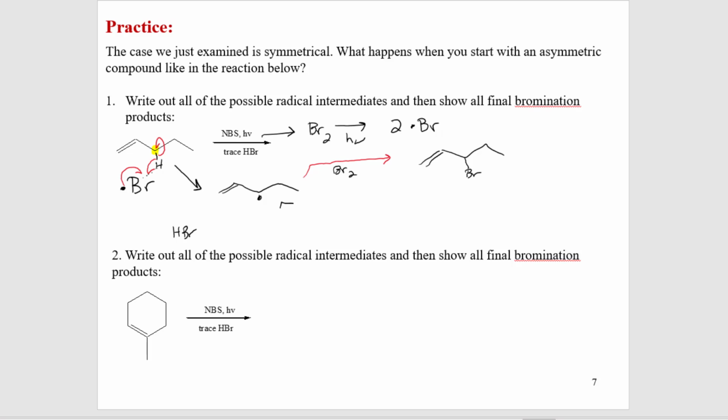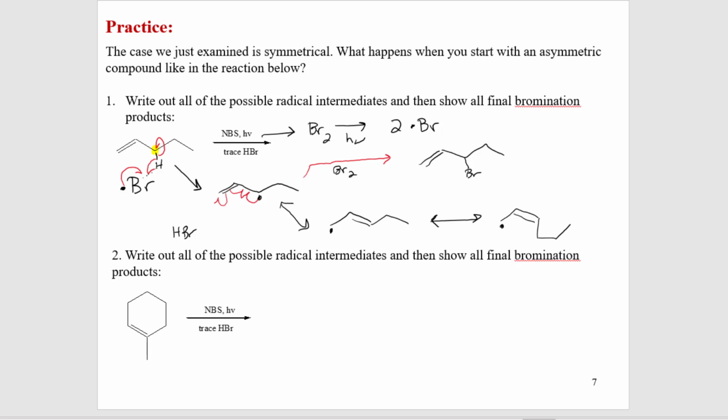But would you not agree that this radical is in resonance because it's conjugated? And because it's in resonance, this radical also exists. And because it's in resonance, this radical also exists.